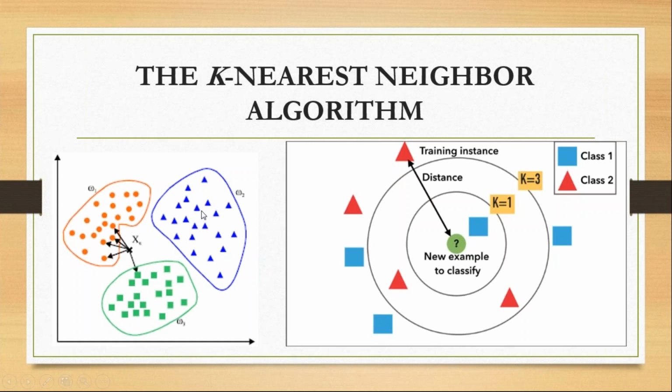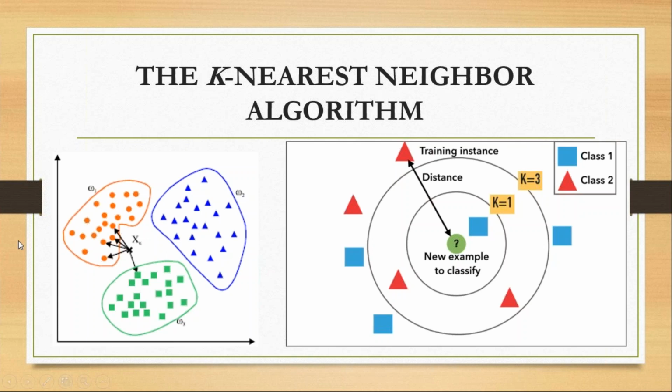A similar example here as well. I have a blue triangle somewhere here, my orange circles here, and my green squares here, and a new sample comes in. I have to predict in which class it will go. There is a difference between the two, and I'll also explain the difference between KNN and clustering.